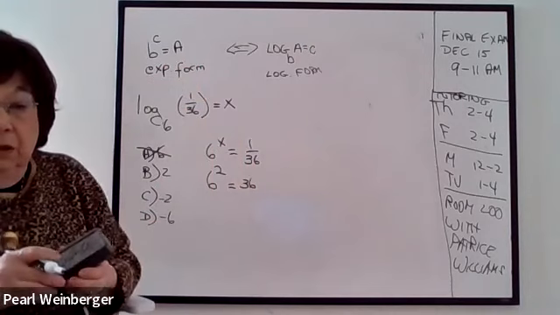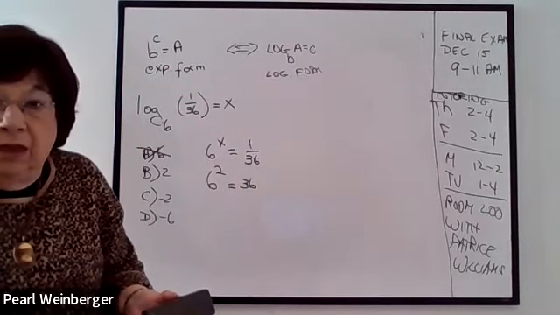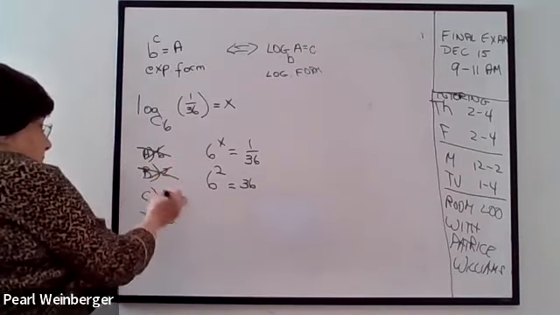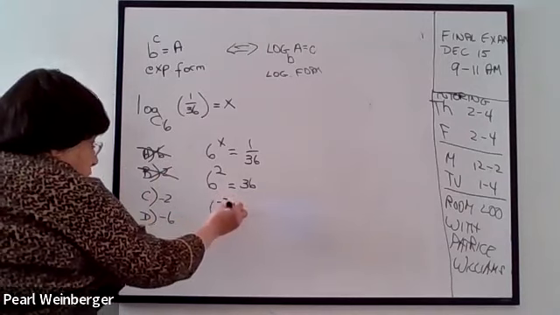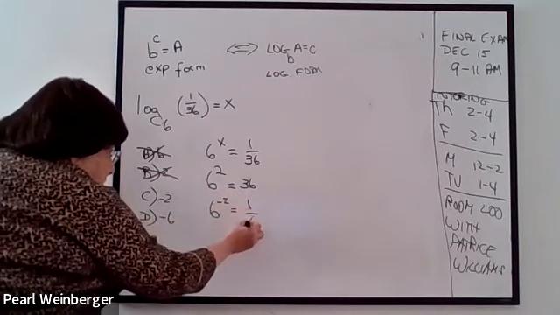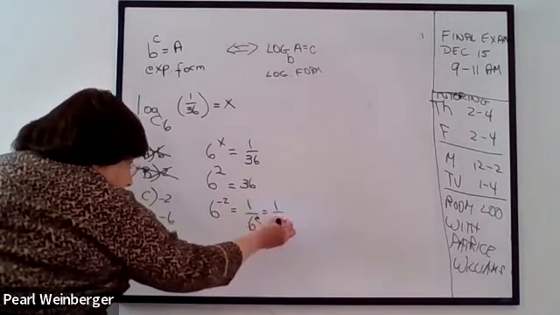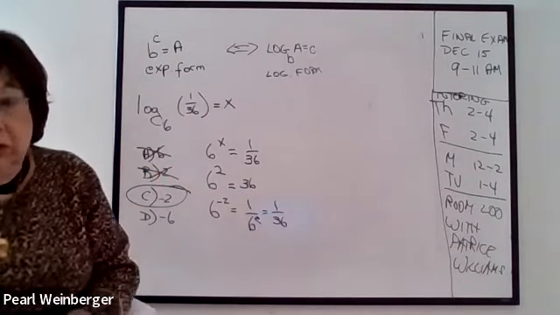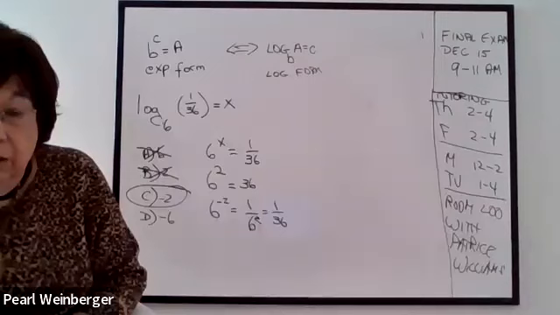That's how we indicate a fraction with an exponent. So B is not the right choice, but 6 to the negative 2, which will mean 1 over 6 to the positive 2, which is 1 over 36, is the correct answer. The correct answer was choice C. Is there any question about that?